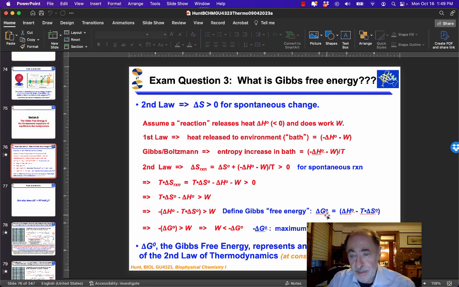We have defined the delta G0, the standard free energy, as delta H minus T delta S, which essentially captures the intrinsic entropy change in the course of the reaction, the entropy change due to the heat release or absorption by the reaction, and in this case we have put them together in a way that will give us the maximum amount of work that can be done by the reaction.